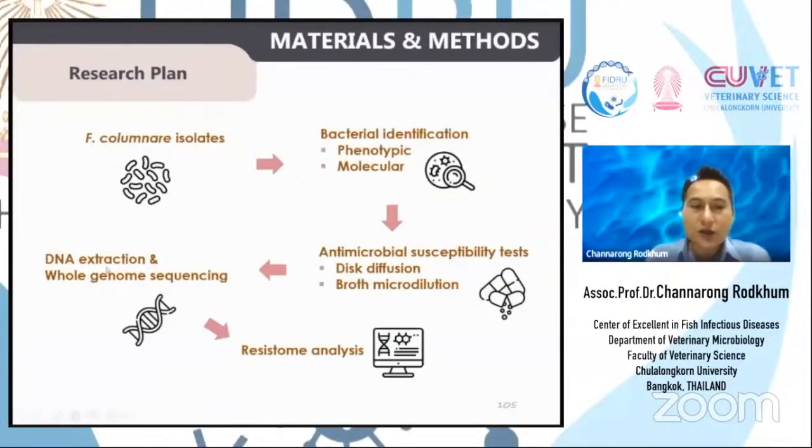Next, we do DNA extraction from the bacterial cells, and we submit the interesting strains for whole genome sequencing, or WGS, using NGS. After that, we use bioinformatics tools to analyze the resistome, or resistome analysis.